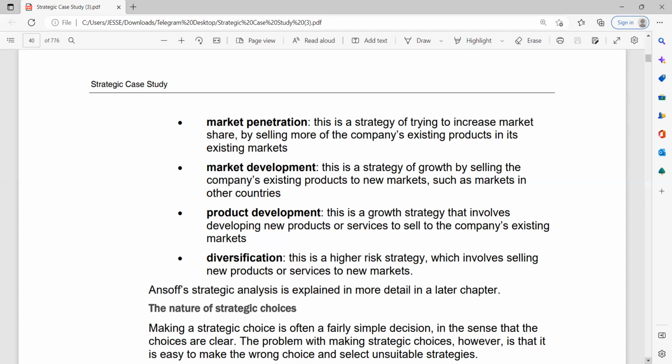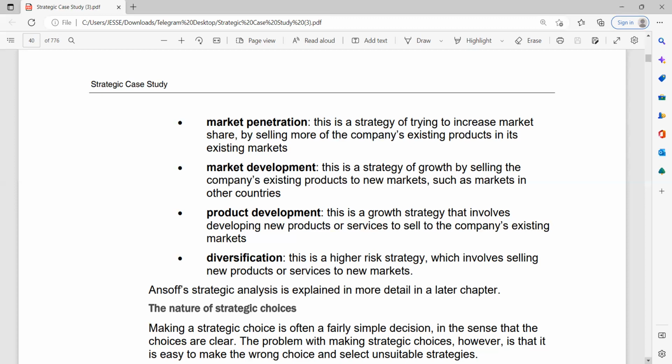Now, when we talk about market development, there is a different twist. The company sells existing products to new markets. So what does this mean? Going back to the Pepsodent example, it means that Pepsodent would move from selling in Ghana to selling Pepsodent in, let's say, South Africa.